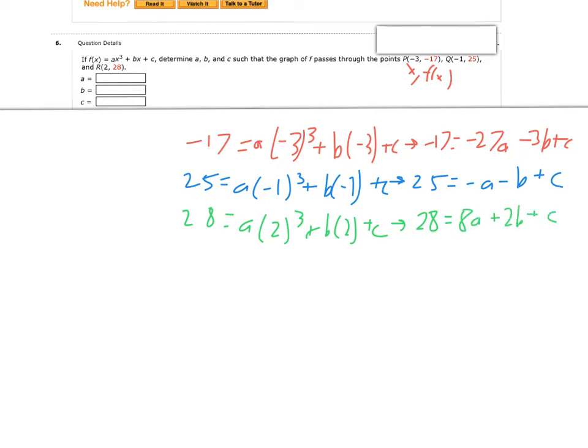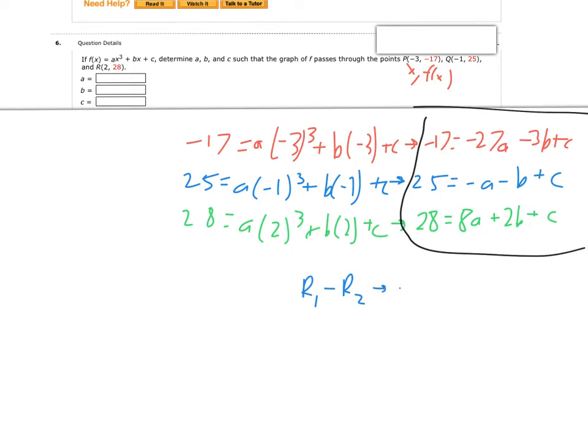All right, so now we have our triple system here that we can use, and I'm going to use that going forward. It looks like eliminating the c's would be very easy here. So I'm going to start off by doing R1 minus R2. So R1 minus R2 would give me, let's see, negative 17 minus 25.